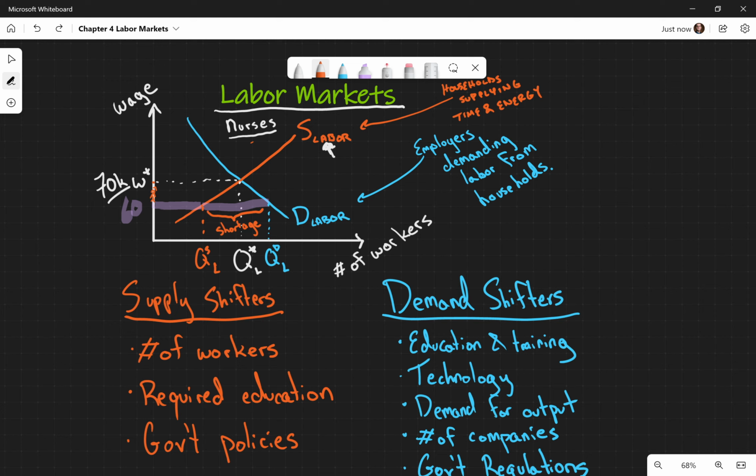If all of a sudden the job that you've been doing forever, now you're liable for something that might be out of your control, or might be something that just typically happens. But the laws changed, and now, since you're the construction manager, you're liable if somebody falls off the I-beam or whatever the case may be. So if there's a change in government policy, there might be people that shift out of that labor market as a result. So government policies can influence the supply of labor in various ways.